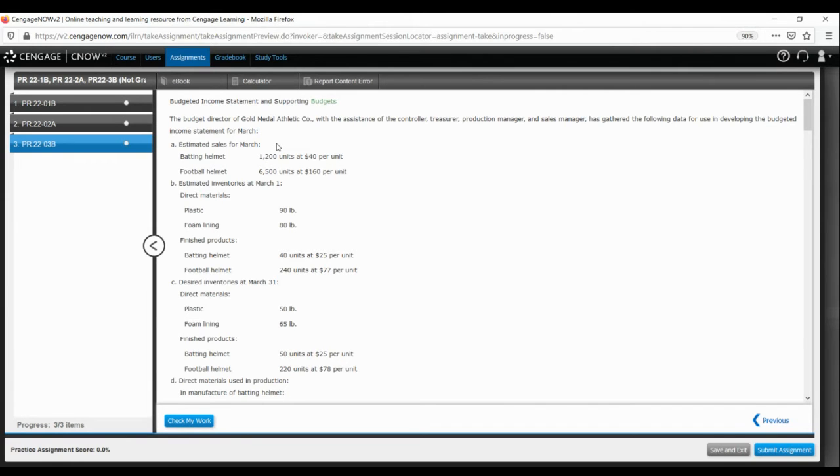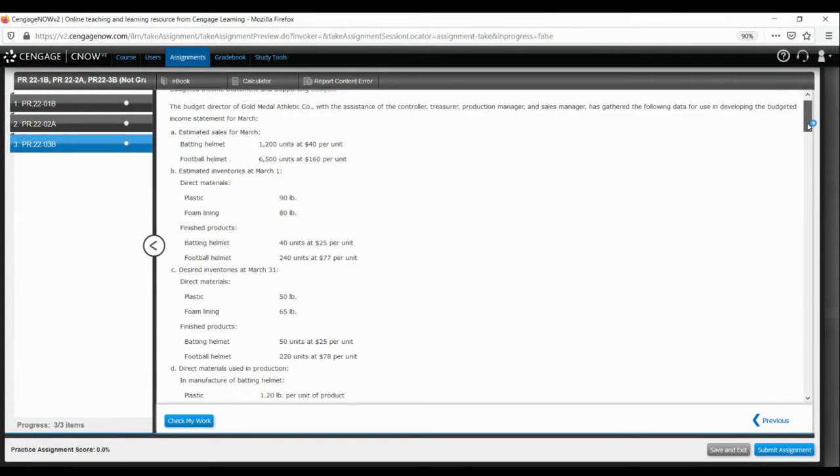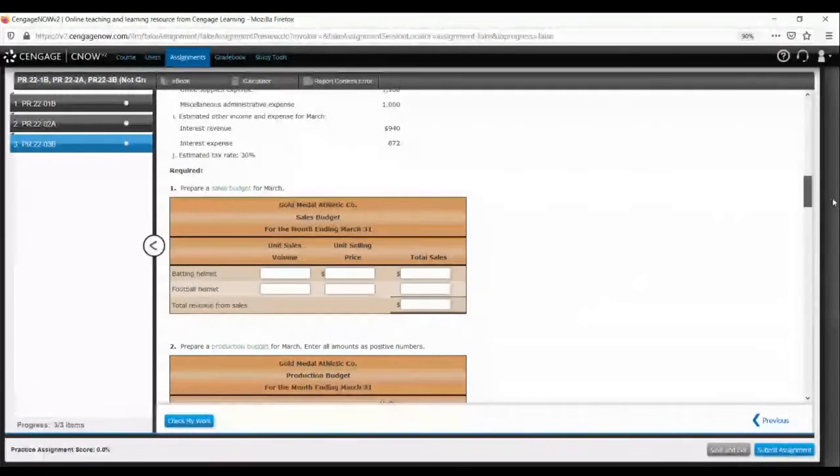Before you can do the budgeted income statement, you will have to do operating budgets. And one of the first operating budgets that you're going to have to complete is what we call the sales budget. So in your requirements, we're going to start with our first budget, the sales budget.